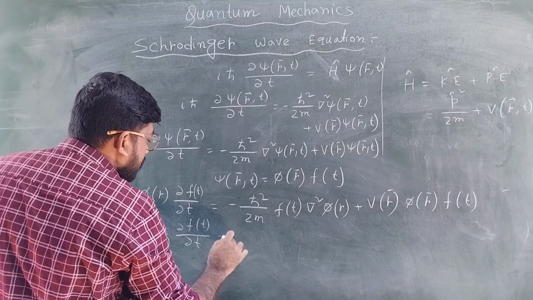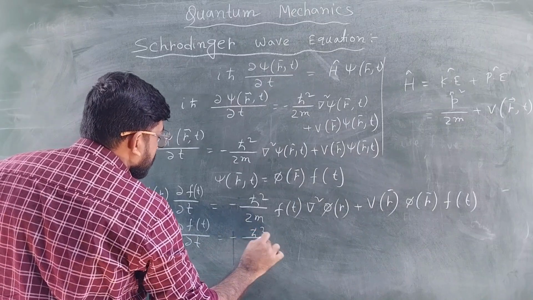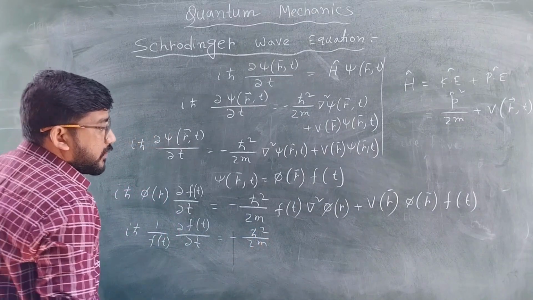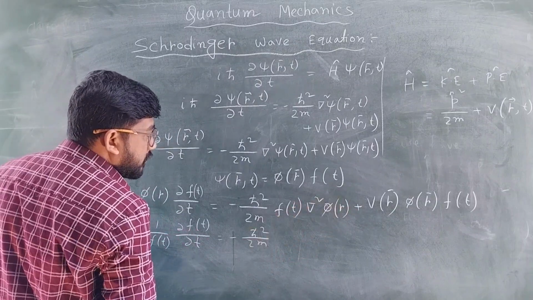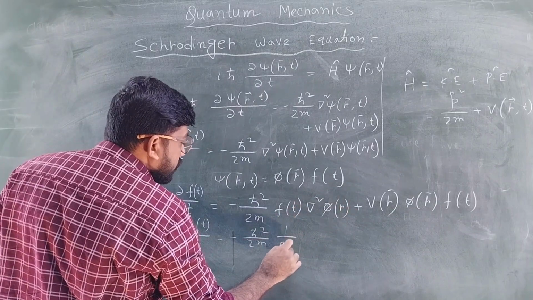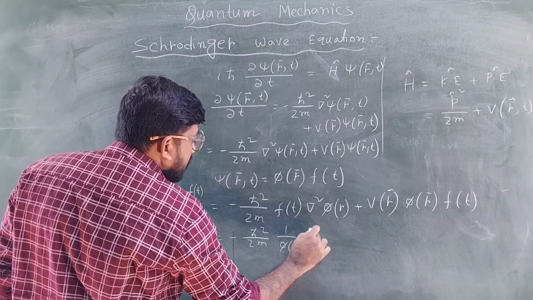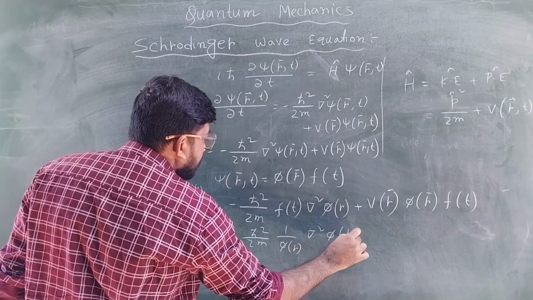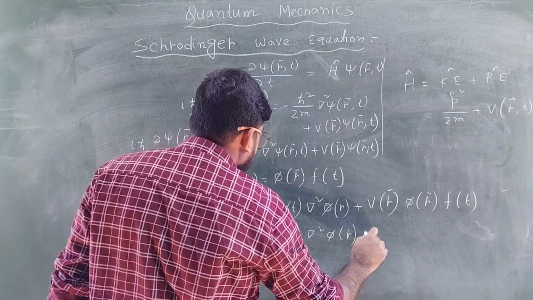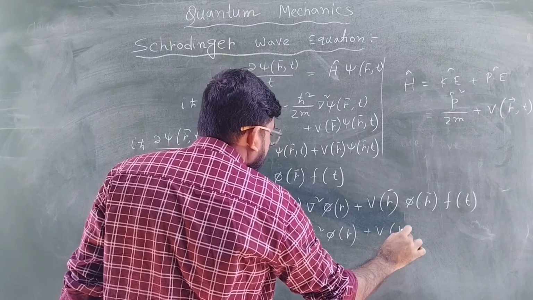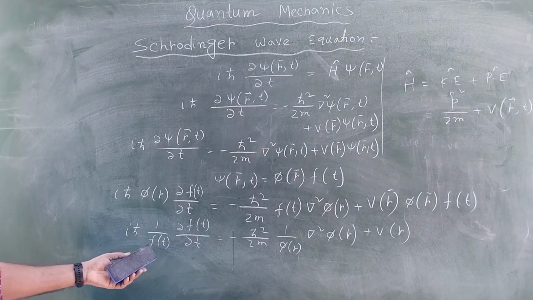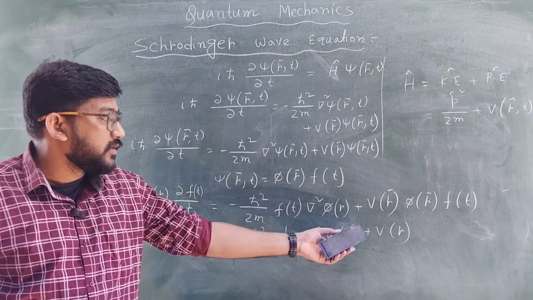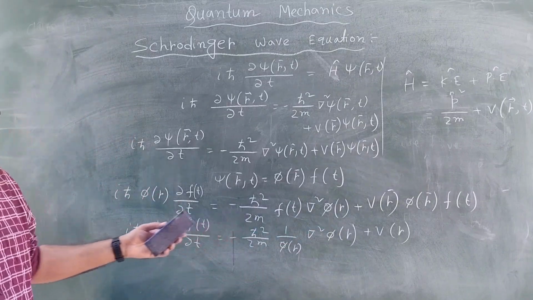Here you will get minus ħ square upon 2m into 1 by φ(r) into del square φ(r), since f of t will cancel out. Plus you will get V of r. So you can see the function of time is on the left hand side and the function of r is on the right hand side, so the variables are now separated.